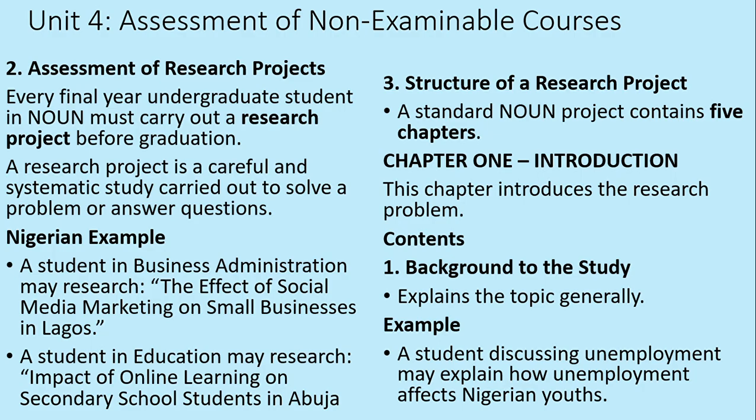But the main structure of a research project must start from chapter 1, which is the introduction. This is the chapter that introduces the research problem. And the content that is always in this chapter is what? Number 1, you have the background to the study. That is the first content that used to be under chapter 1.